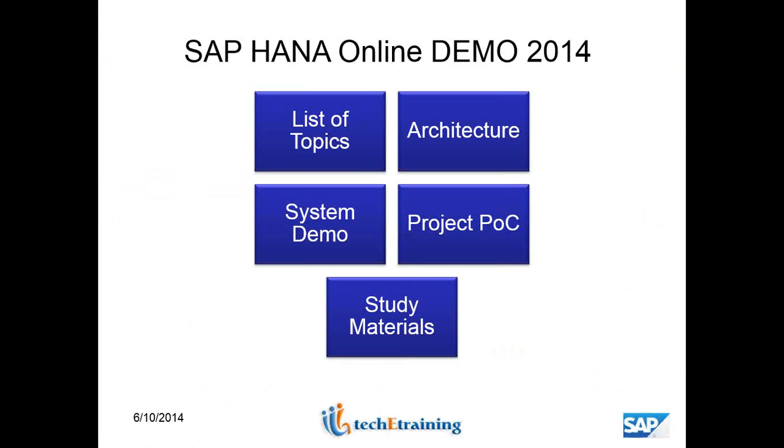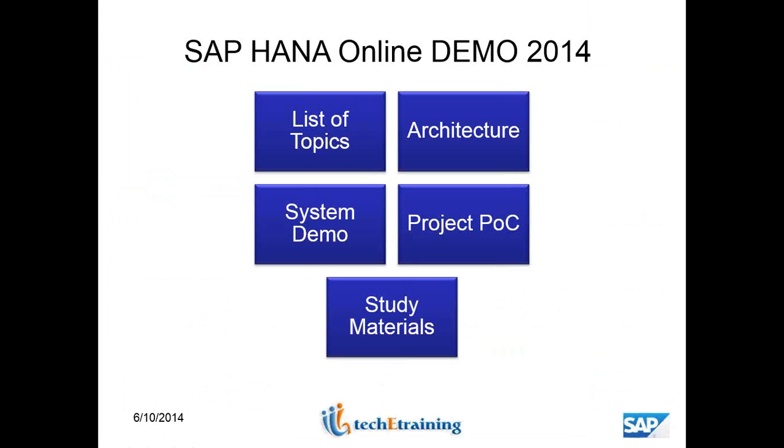We may be a non-SAP consultant, we may be an SAP but a functional consultant, we may be a programmer or a basis or an administrator or a DBA or a report writer or even a business analyst. So there is something for everybody in HANA, because SAP HANA can connect to any legacy systems, any existing enterprise systems, can even connect to web services, can connect to any type of databases.